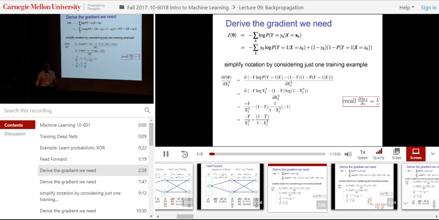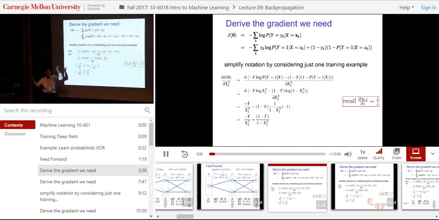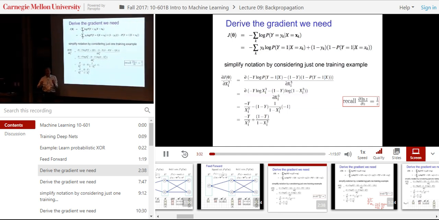The reason I'm going to do that is, as we talked about at the end of class, we're going to use the chain rule of calculus to compute the derivative of j with respect to any given parameter in terms of the derivative of j with respect to something else, and then the derivative of that something else with respect to the parameter of interest.